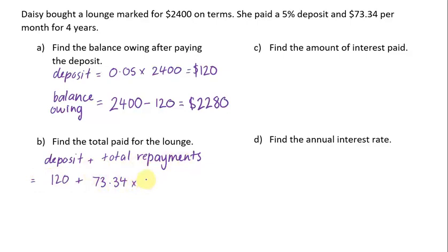Now 4 years is 48 months. 12 times 4 is 48. So she's paying her deposit plus 48 installments of $73.34. So this is going to give us the total amount that Daisy pays for the lounge. The deposit plus all of the repayments that she made every single month for the total 4 years.